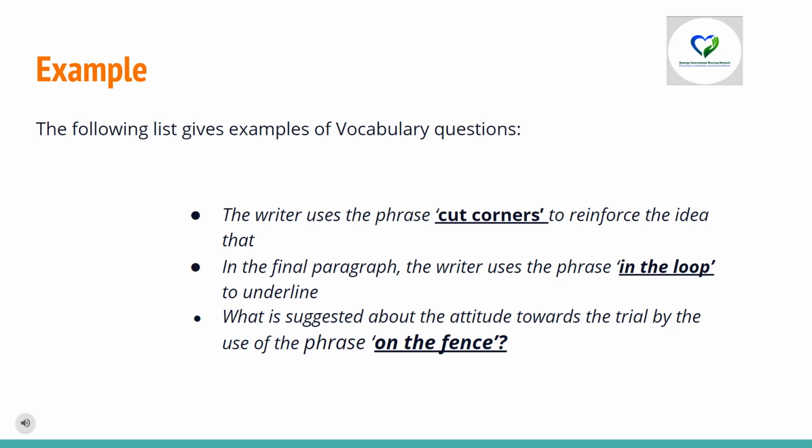In the final paragraph, the writer used the phrase "in the loop" to underline... So this is trying to tell you what "in the loop" means in the text. And the third one says: what is suggested about the attitude towards the trial by the use of the phrase "on the fence"? Meaning what does "on the fence" mean in the context of the text. You find the answer right in the text.